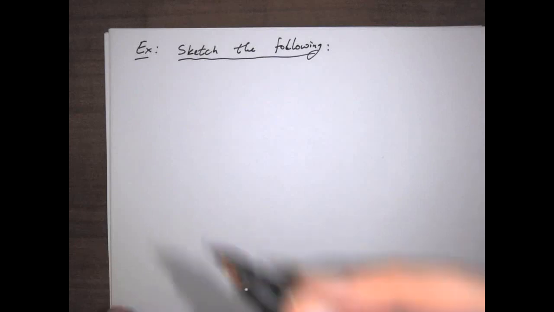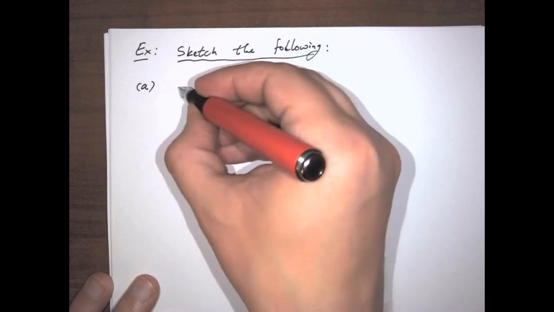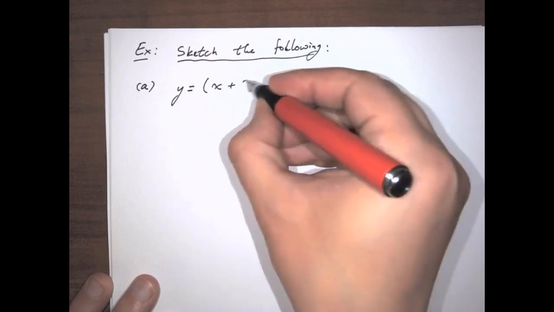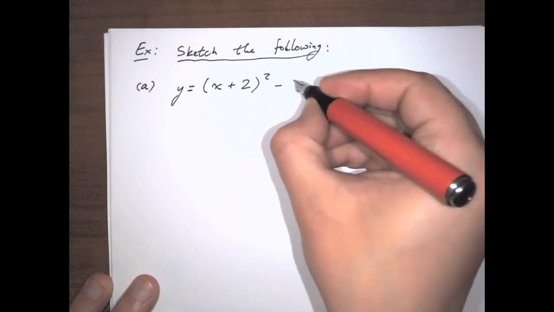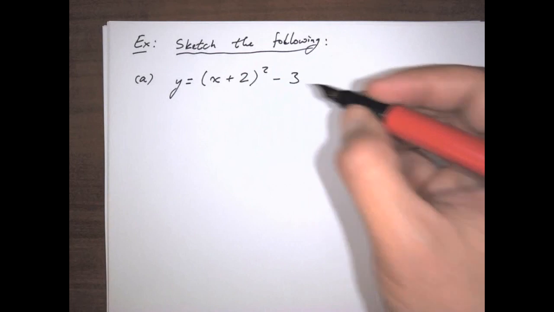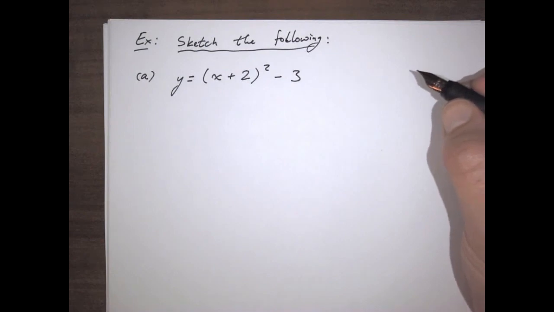Let's say what we had was something like this: y equals x plus 2 squared minus 3. So we'd have to figure out which of the toolkits we're talking about here and what has happened horizontally and what has happened vertically.